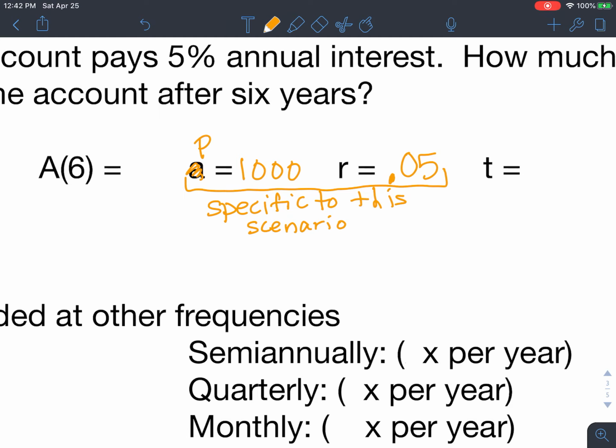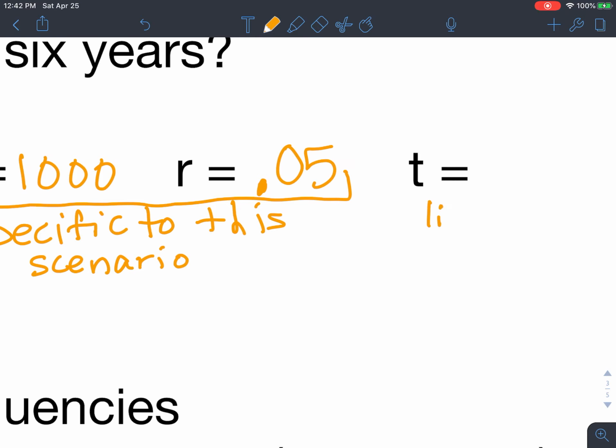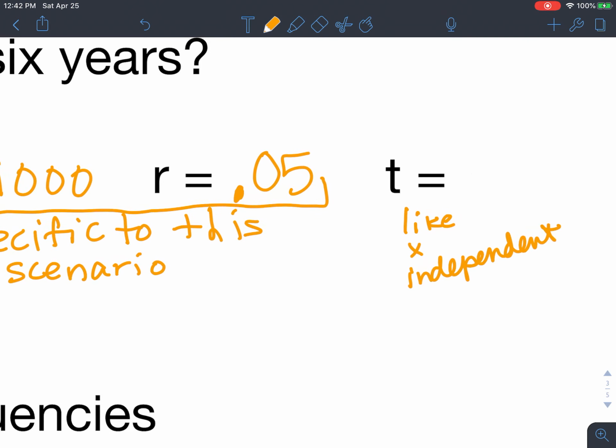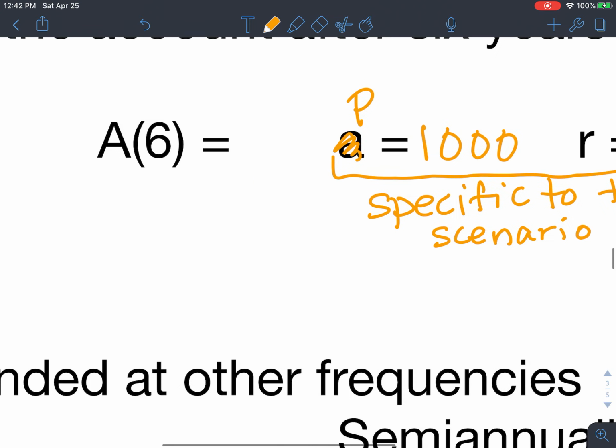I mean, this isn't linear, but you can think about it the same way. T is like x. It's the independent variable. So like x, when you write a linear equation, you would leave the x there. So you're going to leave the t in the equation. For our purposes, for this question, t will equal 6.